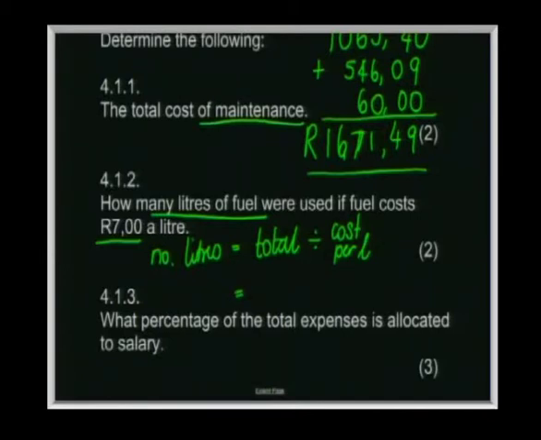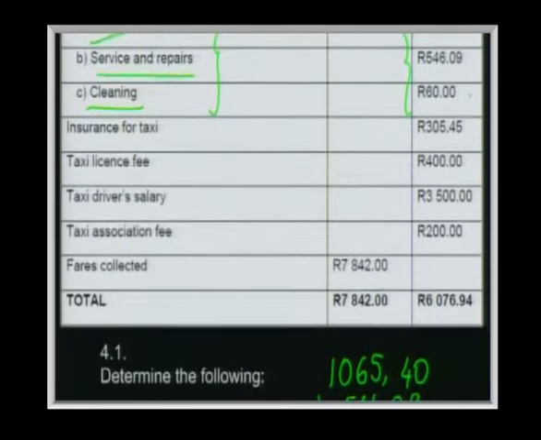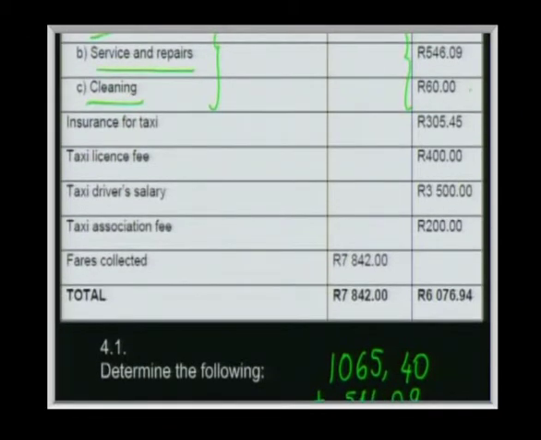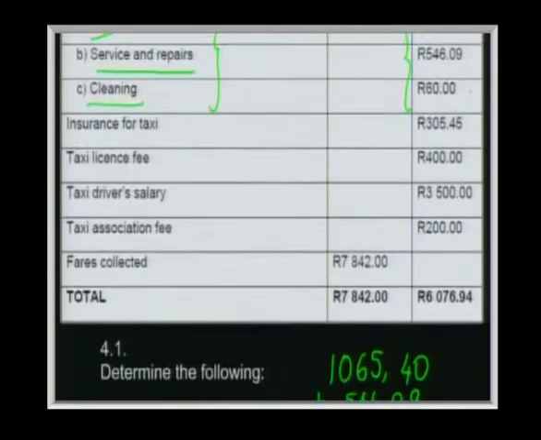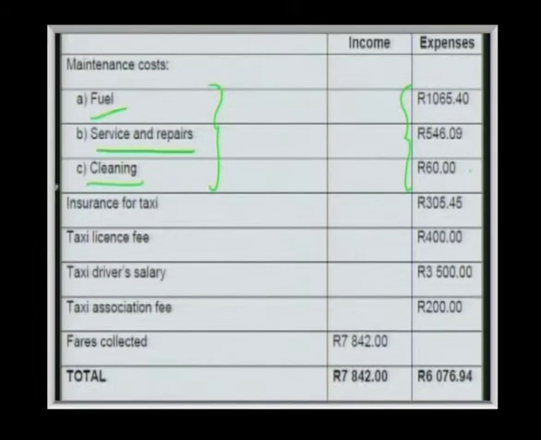So our total cost of fuel we need to look up. Fuel is this amount, 1,065 rand and 40 cents.